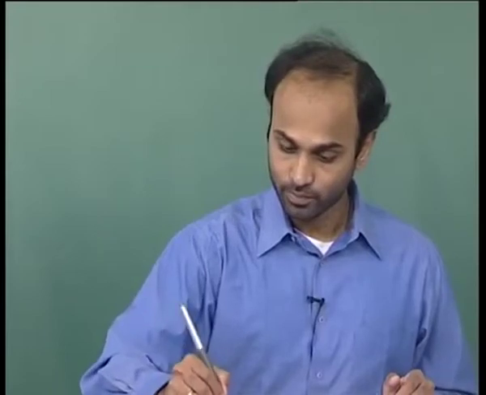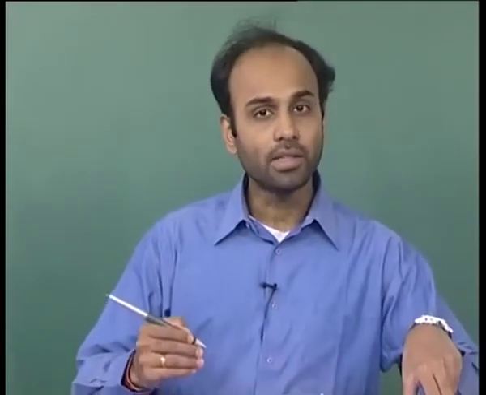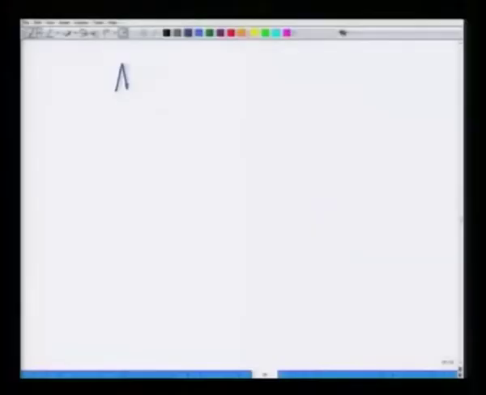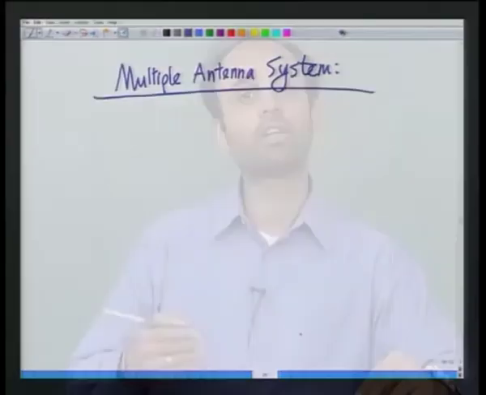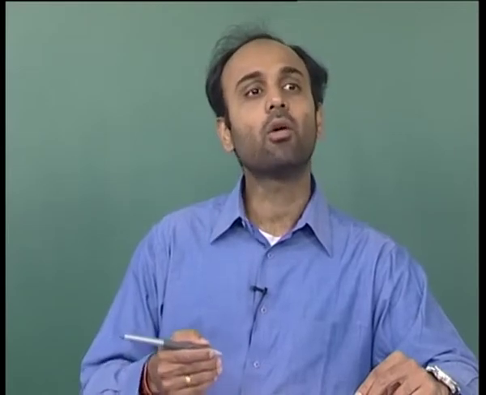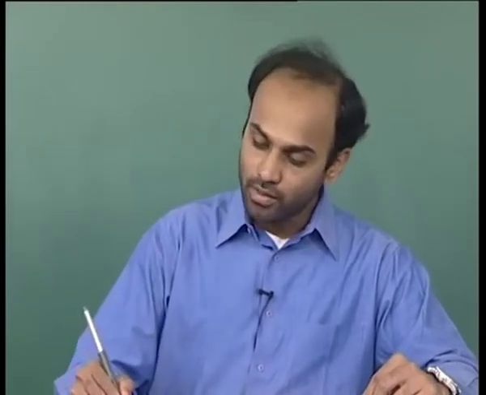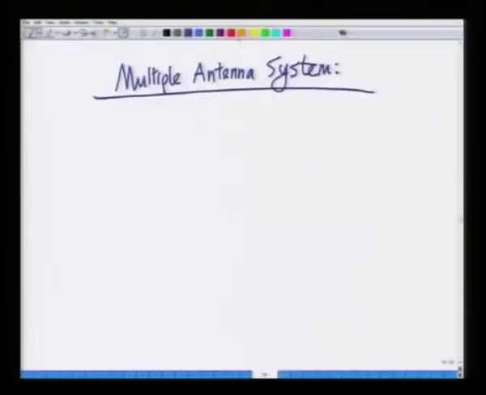So, let us understand why this is arising. Let us look at this multiple antenna system, and let us again ask the question that we asked before: what is the probability of a deep fade in this system?